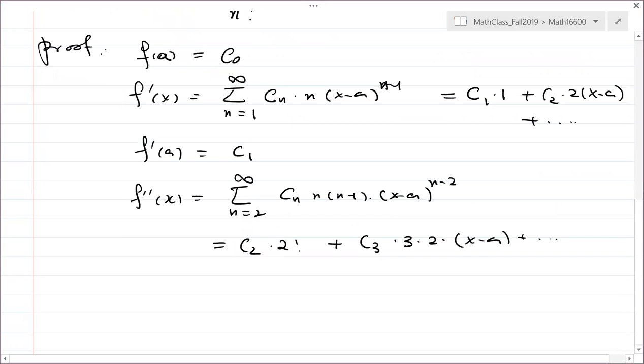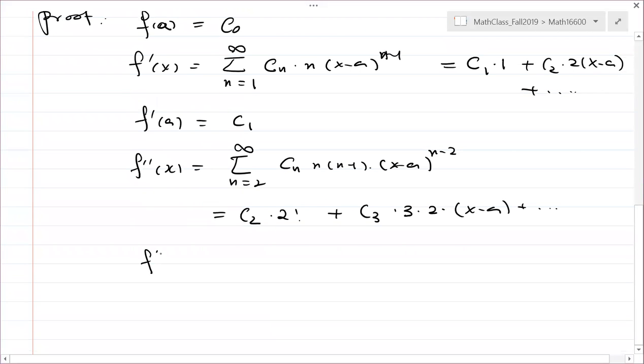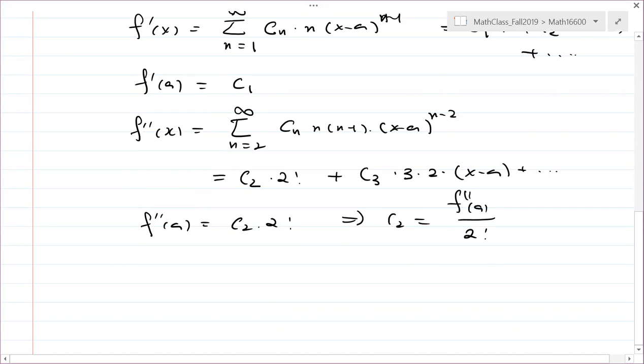Again, for the same reason, if you plug a for x, you get only the first term, c2 times 2 factorial. So that implies c2 is given by this formula. And just keep it going.